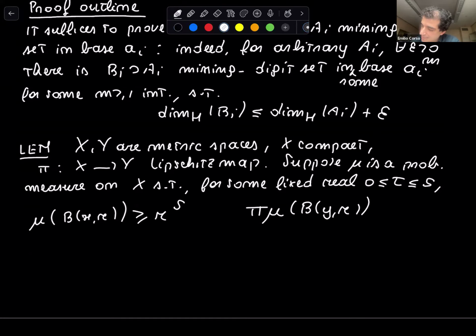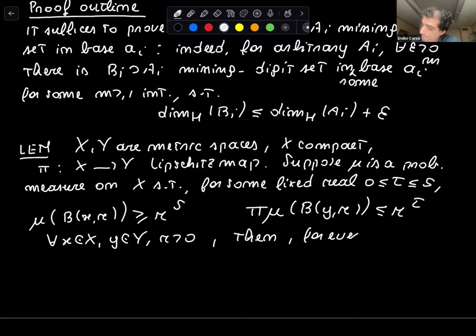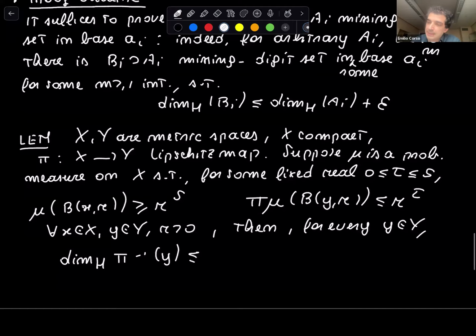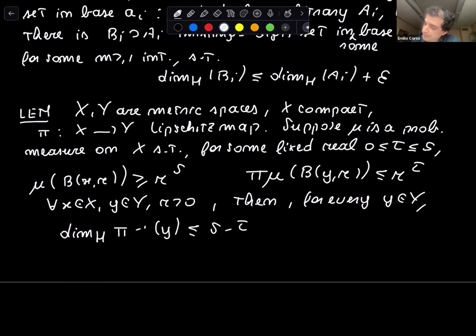I want it to be at least, and this to be at most r to the T. And this holds for every, really, not for almost every, but really for every x in X, y in Y, and every radius. Then for every y, every fiber, the Hausdorff dimension of the fiber, pi minus 1 of little y, is at most S minus T.